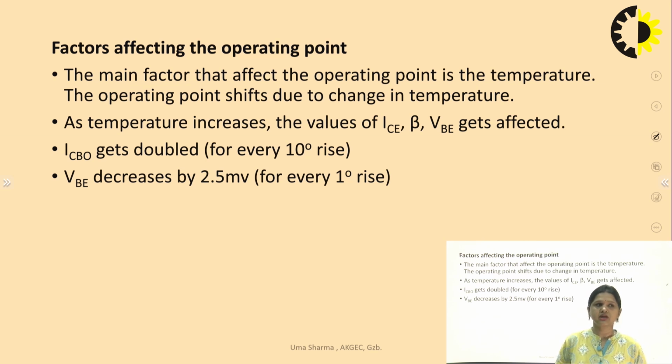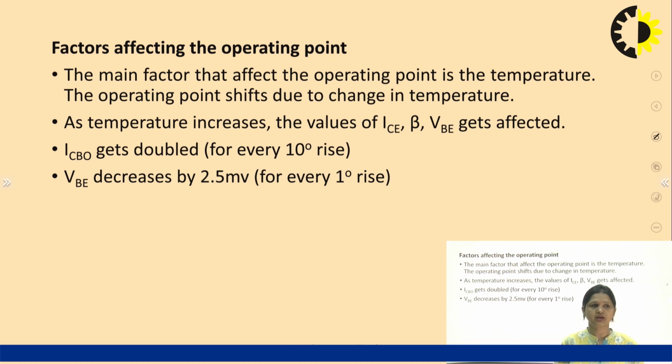First is ICBO, the minority carrier current, which doubles for every 10 degree rise in temperature, whereas VBE, the base to emitter voltage, decreases by 2.5 millivolts for every 1 degree centigrade rise in temperature. So you can see that if there is a change of 10 degrees, that means there is a change of 25 millivolts in VBE.